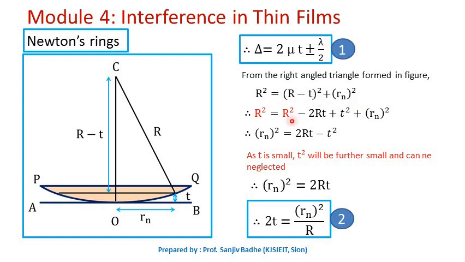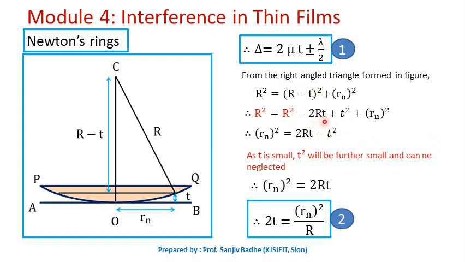(R minus t) square can be expanded as R square minus 2Rt plus t square. So here R square on both sides of the equation will get cancelled, and we can write the relation for radius of nth ring as Rn square equal to 2Rt minus t square.